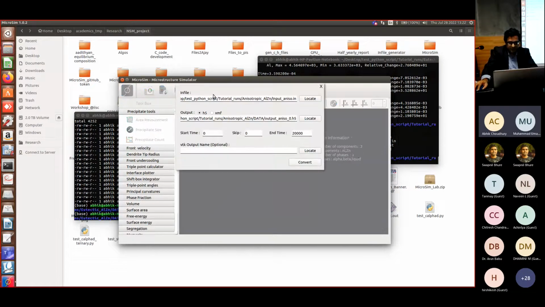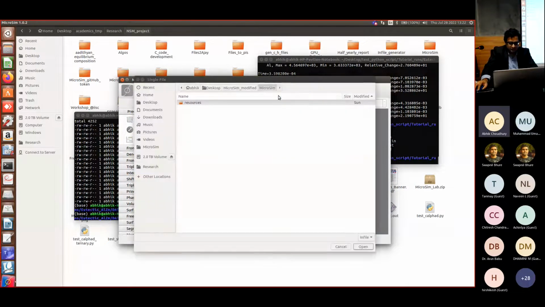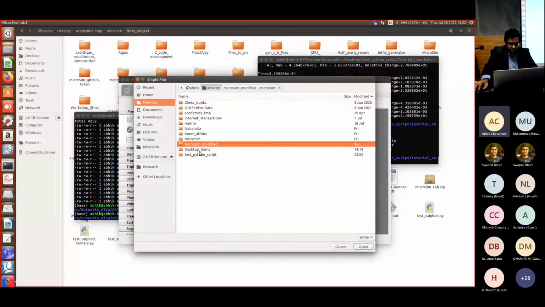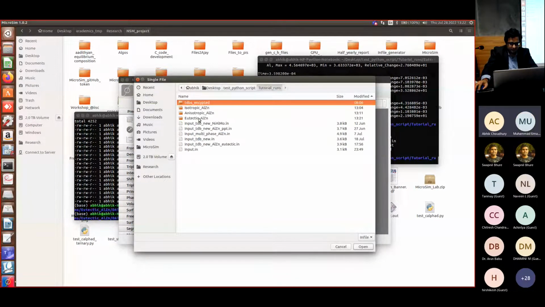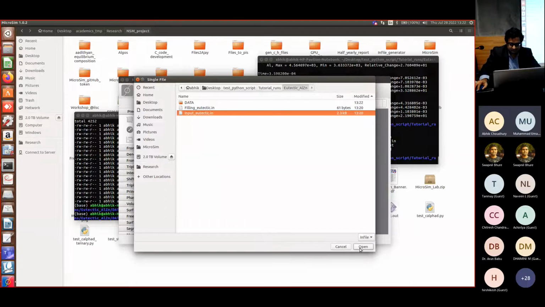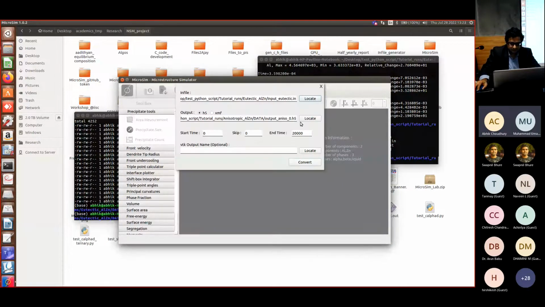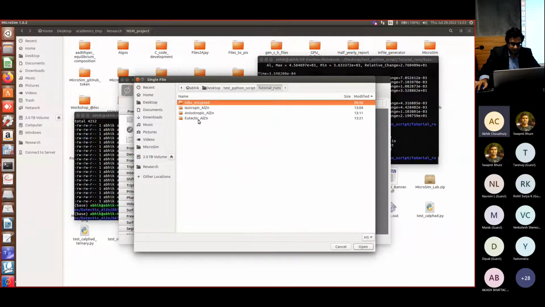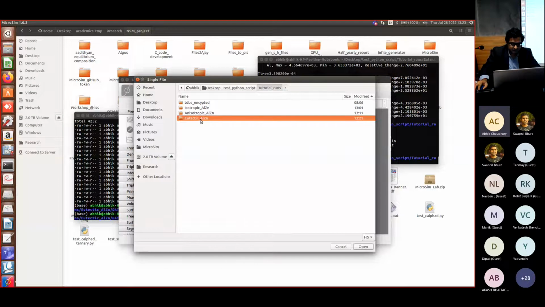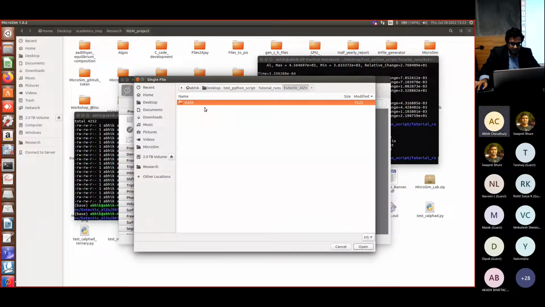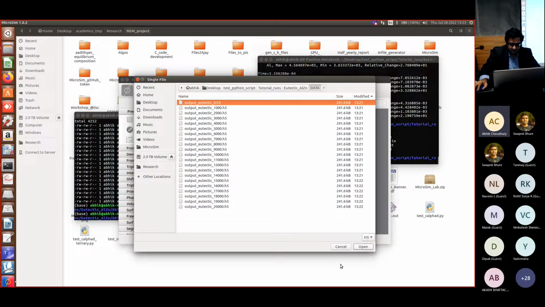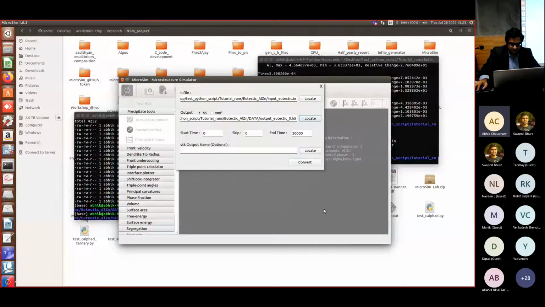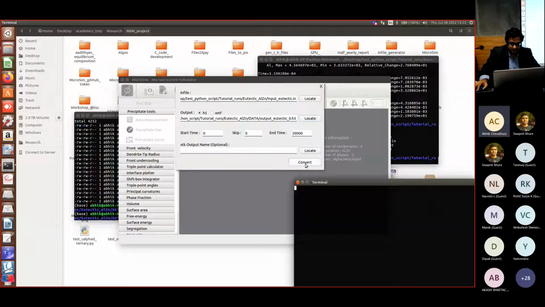H5 VTK. You need to locate this first. You take aluminum zinc. Input you take. Then look at this. Convert.